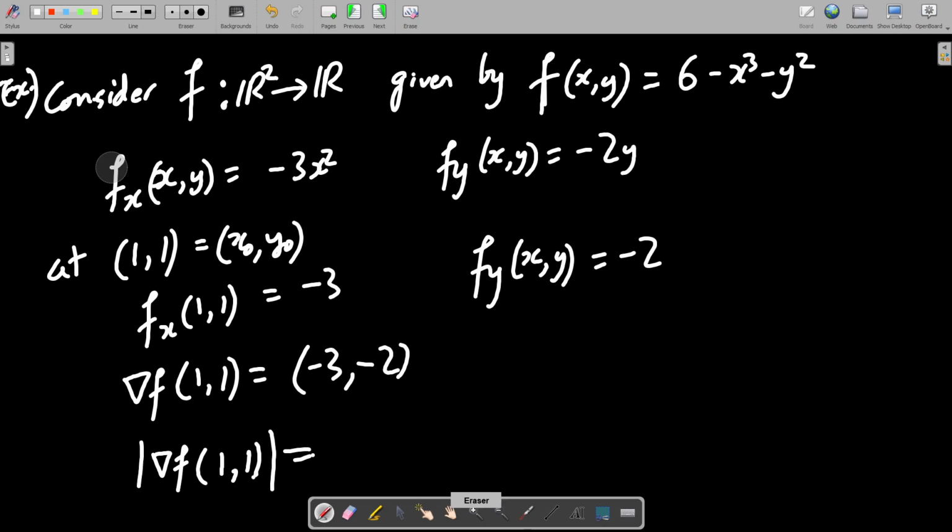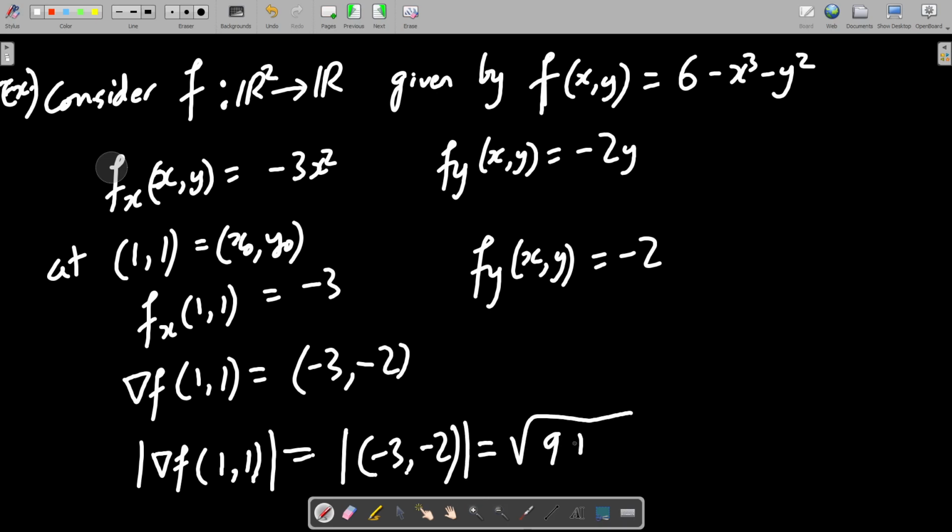The norm of (-3, -2) is going to become root over 9 plus 4, that is root 13.